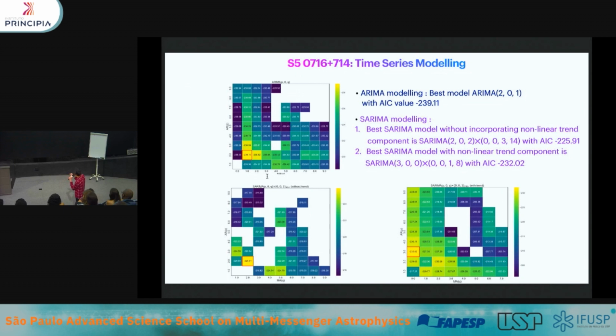As you can see in this AIC distribution metric, in this study we do not include any trend component, but in this study we include the trend component. The AIC value without any trend component is larger than including the trend component. If the AIC value is lower, that means your model is the best model for your time series data.